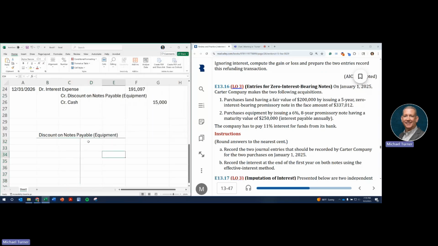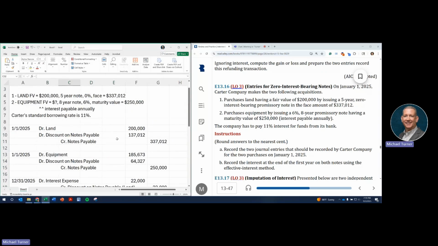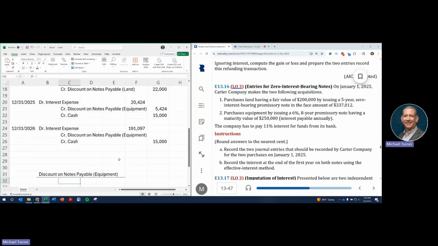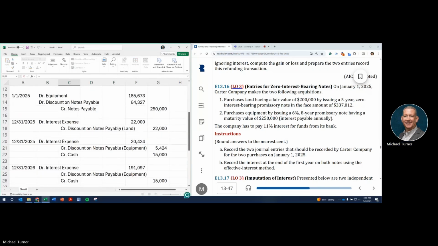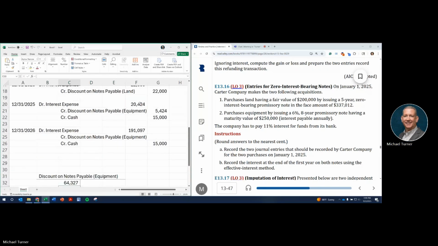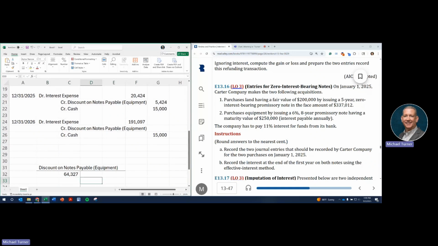Okay, so we have a discount on notes payable, and we started with 64,327. And this was when the equipment was purchased.